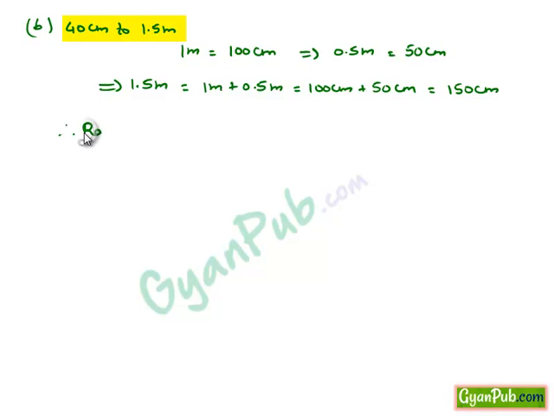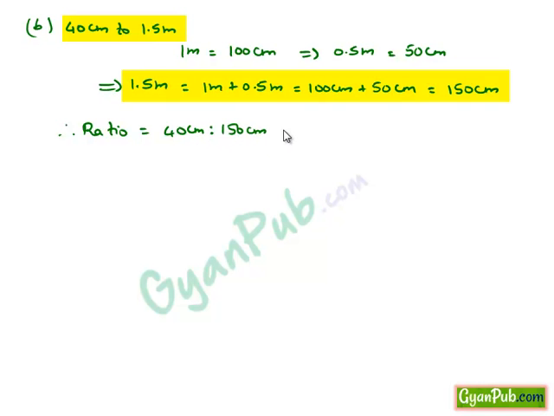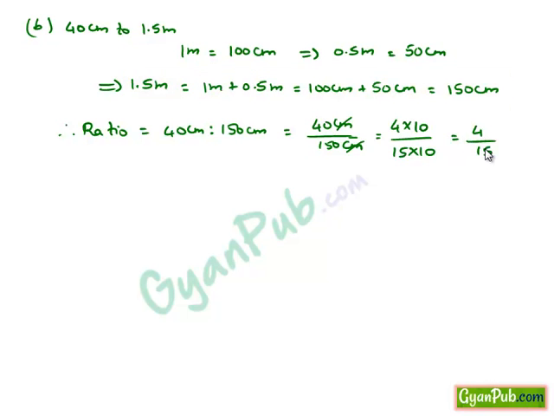Therefore, ratio is equal to 40 centimeter is to 150 centimeter. This can also be written as 40 centimeter upon 150 centimeter. Here centimeter in the numerator and centimeter in the denominator get cancelled, which gives 40 can be written as 4 times 10 upon 150 can be written as 15 times 10, which gives 4 upon 15, as 10 in the numerator and 10 in the denominator get cancelled.